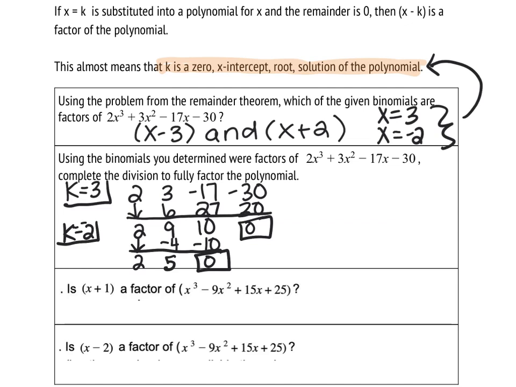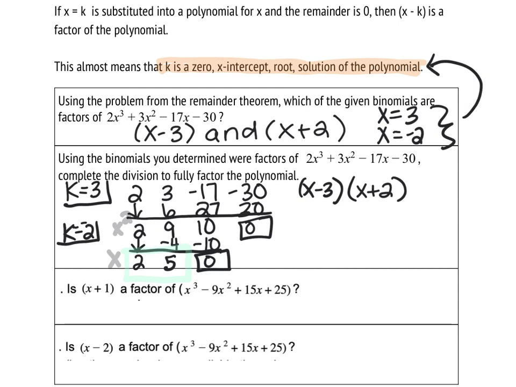So at this point, what do I know? I know that x minus 3 is a factor and x plus 2 is a factor. So what is the rest of my problem? Well, the rest of my problem is going to come from this 2 and this 5. So if we put it back together, we started out as x cubed, then we dropped it down to x squared, and now we're dropping it down to x.